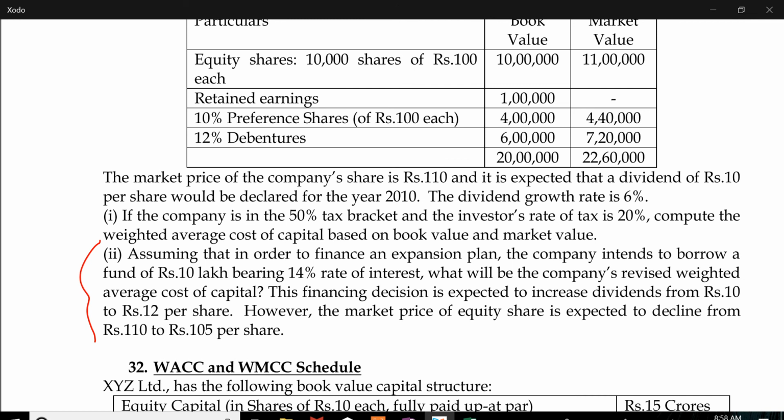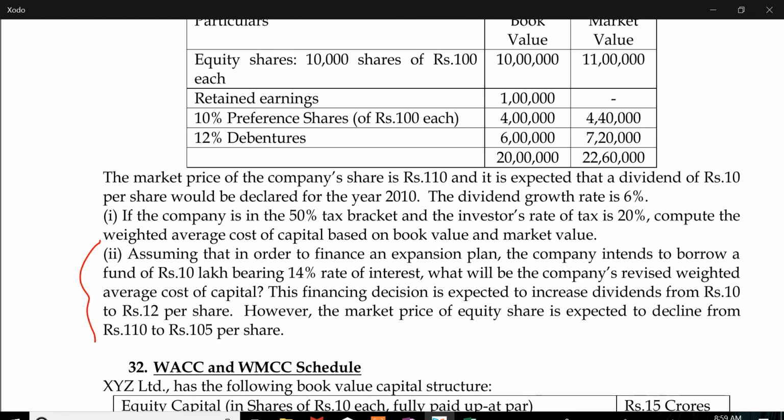There will always be a confusion on this. You will have to write your assumption. It is assumed that the dividend of 10 per share is a distant dividend, in brackets D1. Or it is assumed that the dividend of 10 per share is a nearby dividend, in brackets D0. I'll take it as D1. I'm taking it as D1 and proceeding. You will have to write a note on this. This area will always be ambiguous. You will not be very clear what is to be taken.